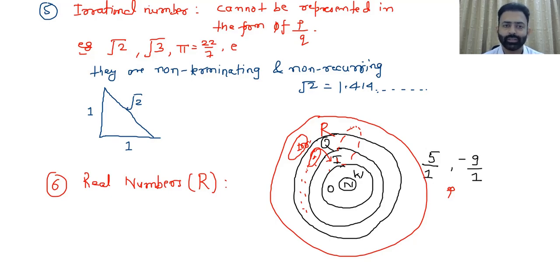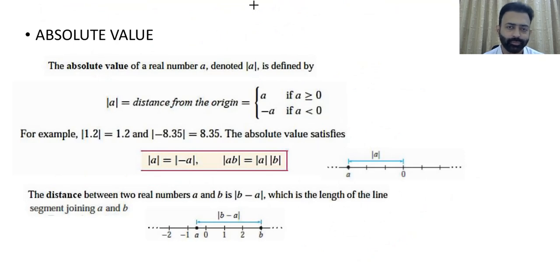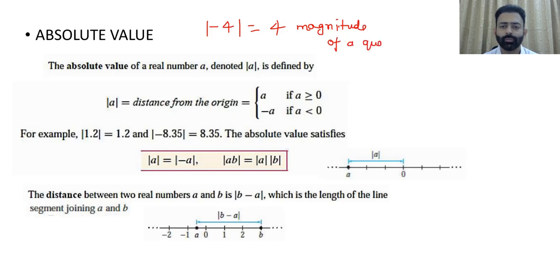Our next topic is absolute value, right? Remember, when we ask what is the absolute value of -4, what we mean by absolute value is that we find out the magnitude only. We are interested in finding out just the magnitude of a quantity or a number.